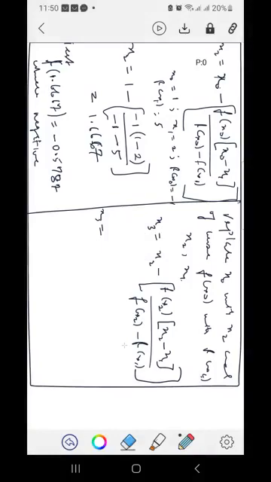So now we are looking for x3, and it's going to be x2, which is 1.1667, which you have written out, minus, I don't want it to confuse you in any way, minus, open the giant bracket, the f of this x2 now will be minus 0.5787, times x2 minus x1.